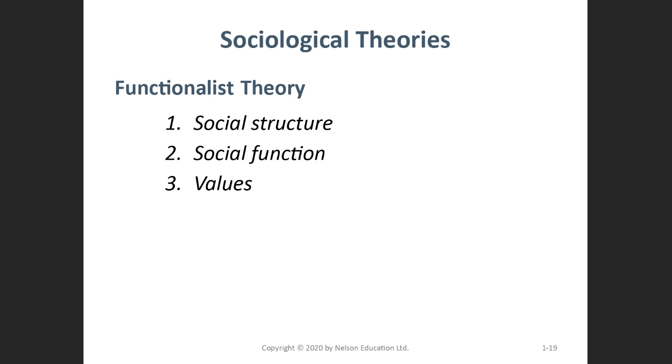An example that's widely used to introduce functionalist theory is the relationship between the distribution in any given society of the rewards that are attached to particular jobs and the roles, the functions, that those jobs play in a given society.